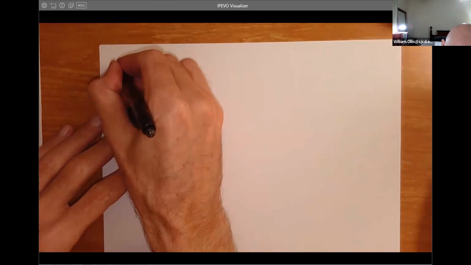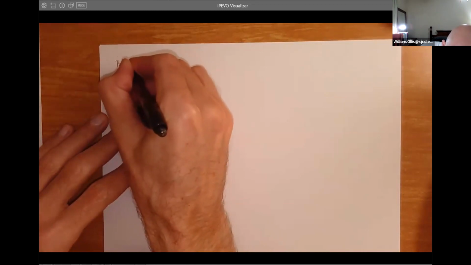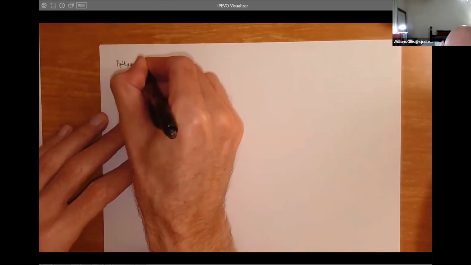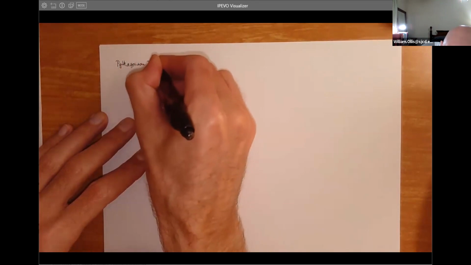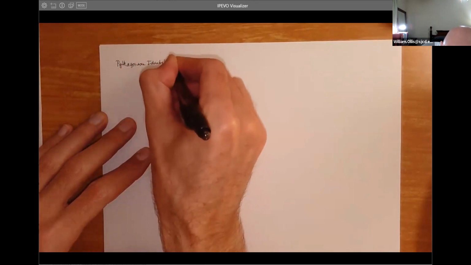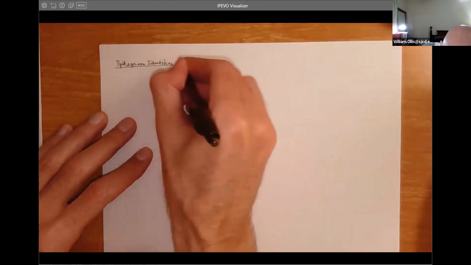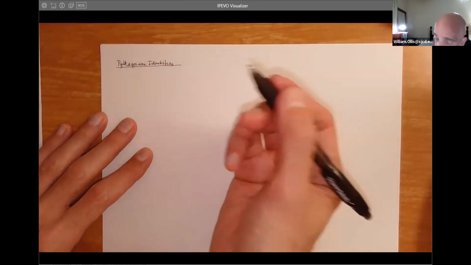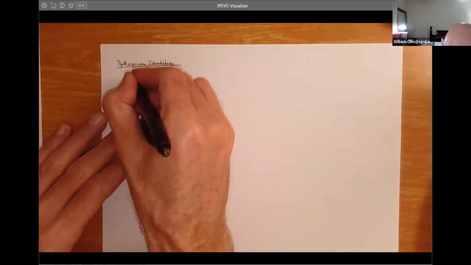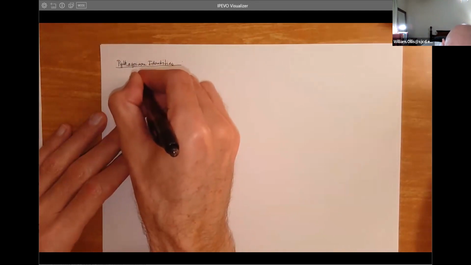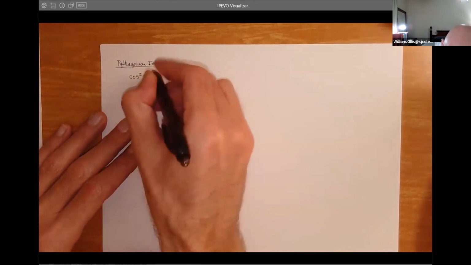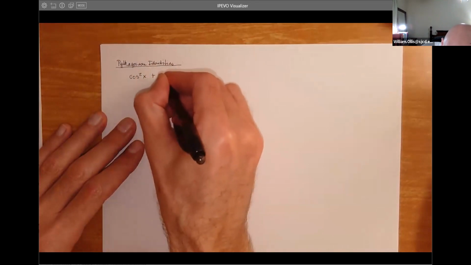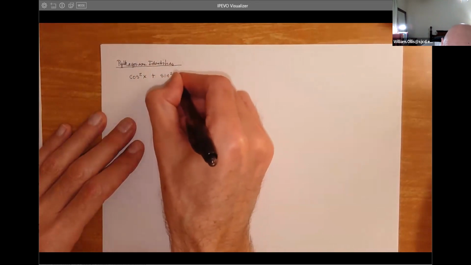The Pythagorean identities. Now, when we think of these, we think of the fundamentals. We can use theta, we can use x, use any letter you like now that we're flexible. Cosine squared x plus sine squared x equals 1.